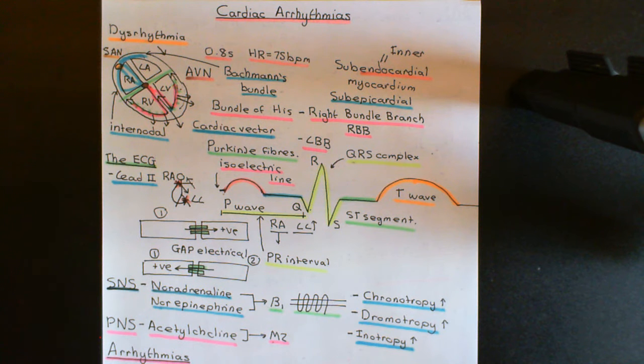We're still going to have the sinoatrial node generating action potentials at its normal rate, but on the side we're now going to have this ectopic focus also spitting out electrical signals from time to time.